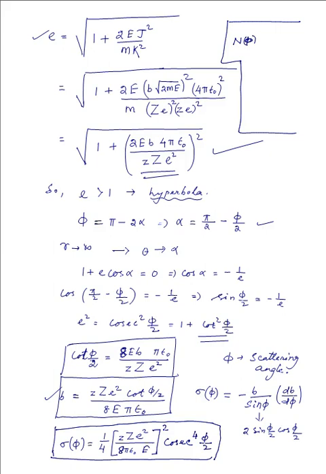Then what we can do is we can represent n phi as a constant term multiplied by the cosecant of phi over 2 raised to the power 4. So that is the expression for the scattering of particles, and this is the Rutherford scattering formula that we have deduced.